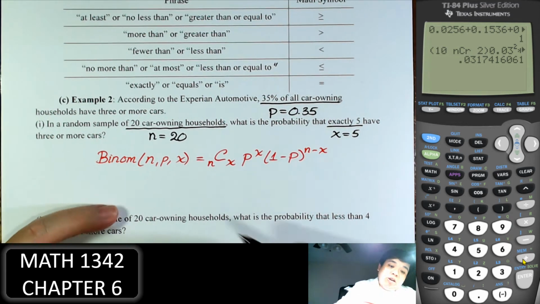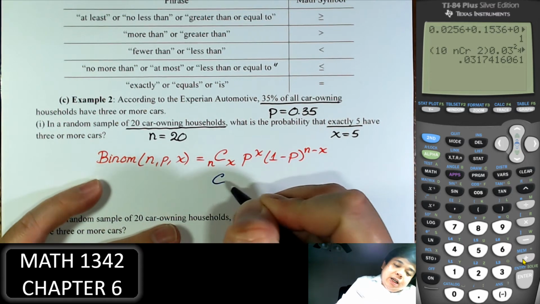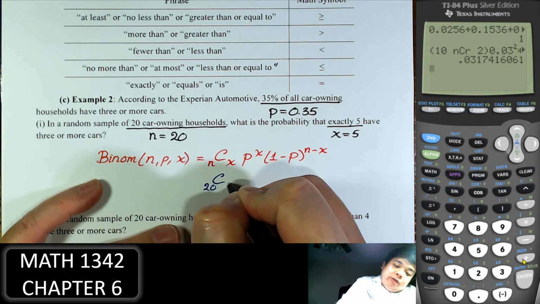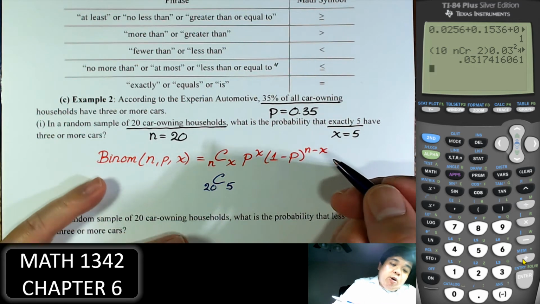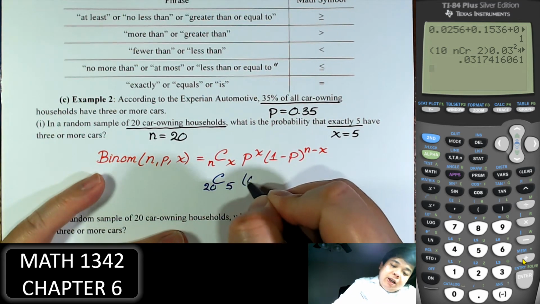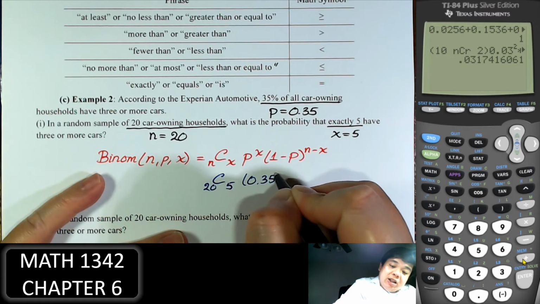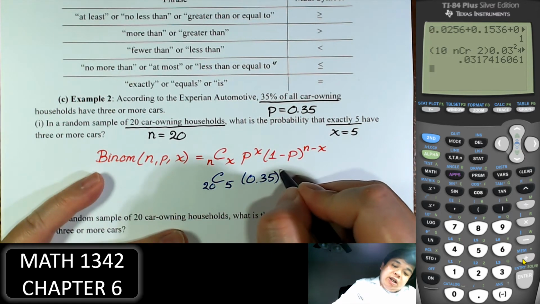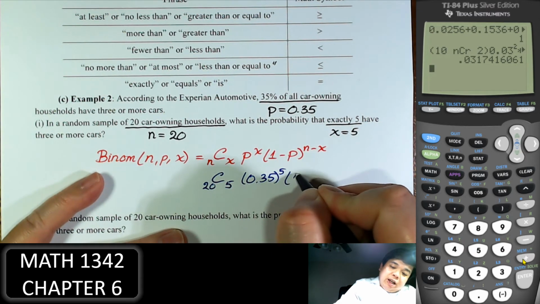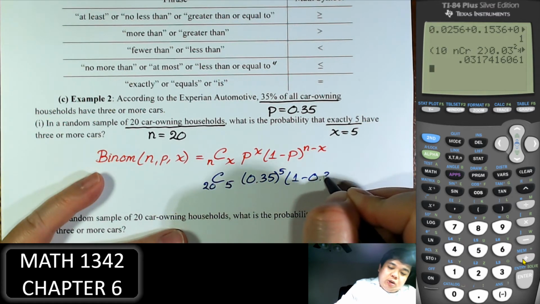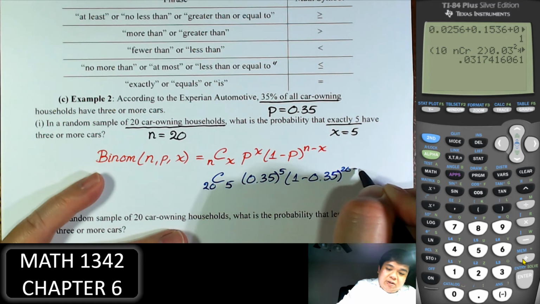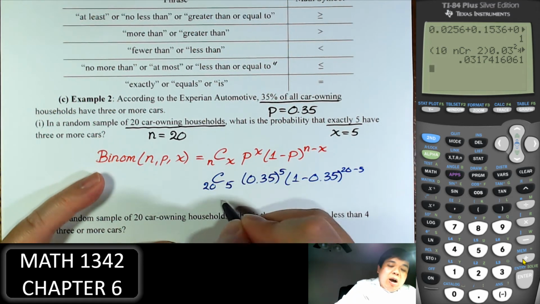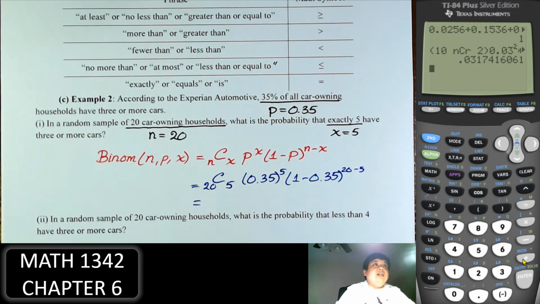So straightforward. So there are 20 households and we want 5 of them to have 3 or 4 cars. Next, the probability for that will happen is 0.35 to the 5, and then 1 minus 0.35 to the 20 minus 5. Right? Of course we can do that, but it's better yet.